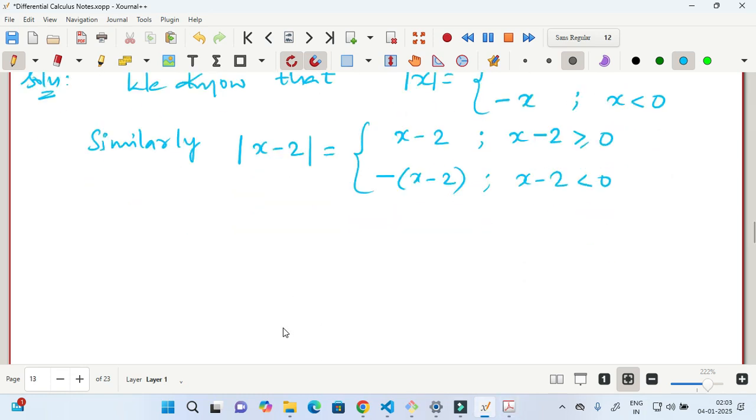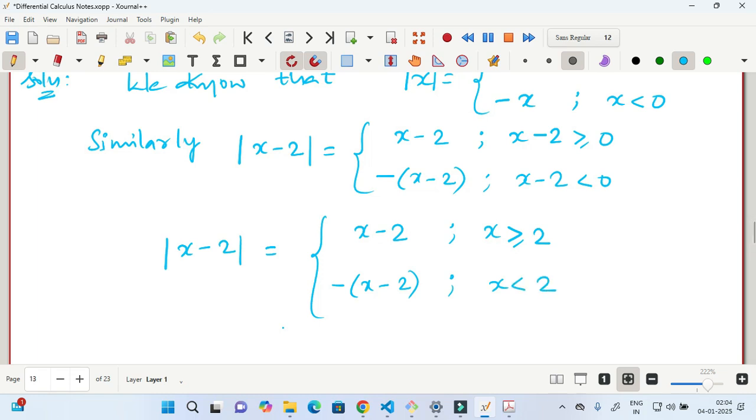Again, mod of x minus 2 is equal to x minus 2 when x is greater than or equal to 2, and minus of x minus 2 when x is less than 2. So this is the definition.